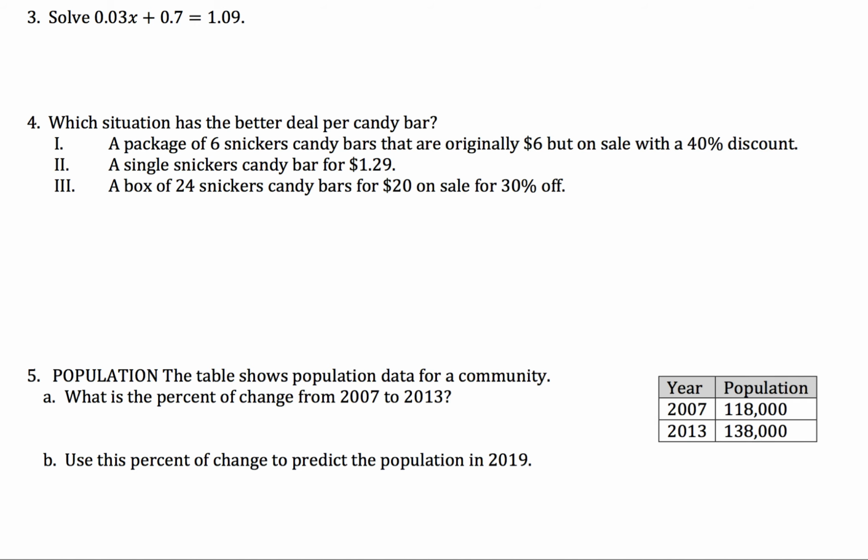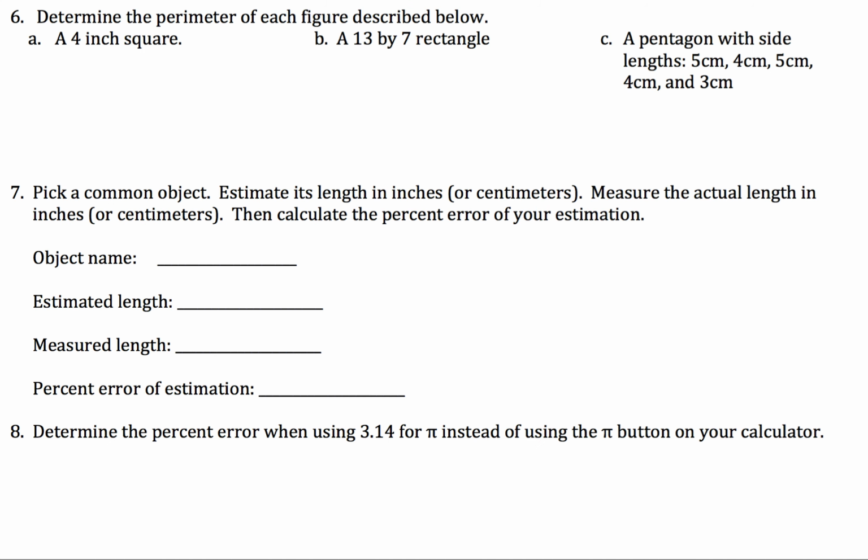Number 5, you need to find the percent change between 2007 and 2013, the populations in those years. Once you find that percent change, you're going to apply that same percentage of change to find out what it would be in 2019. Number 6, a little bit of geometry, find the perimeters.